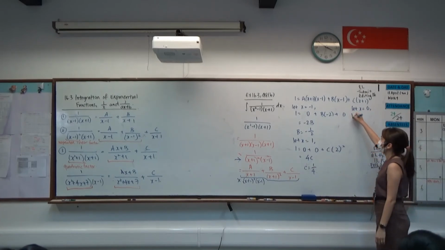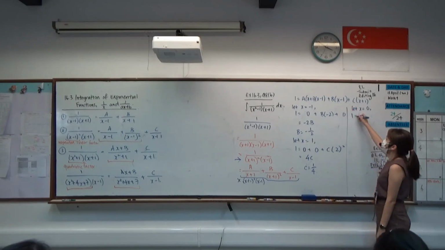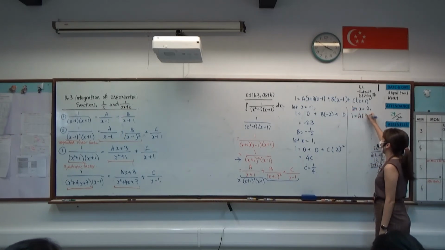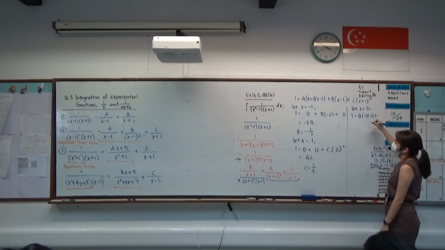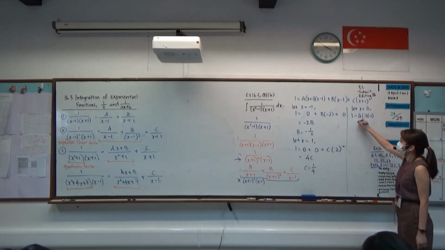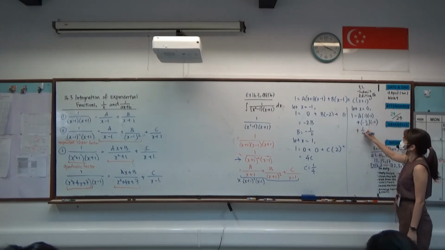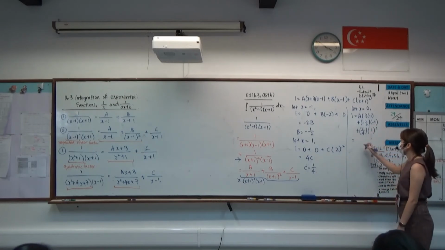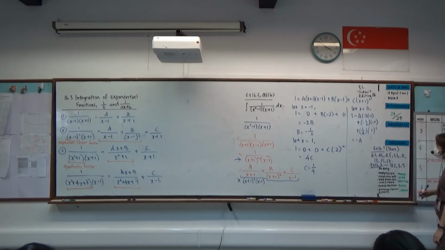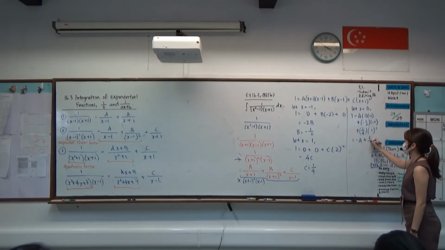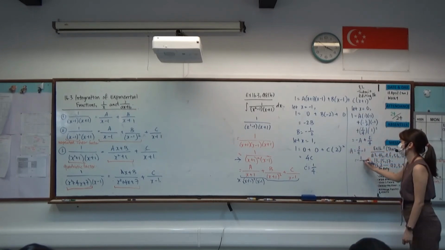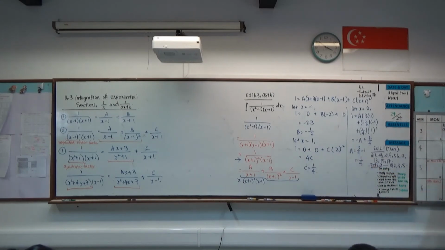So 1 equals A times 1 times negative 1, plus B, which is negative half times negative 1, plus C, which is 1/4 times 1 squared. That is plus half plus 1/4, which is 3/4. So A is negative 1/4.